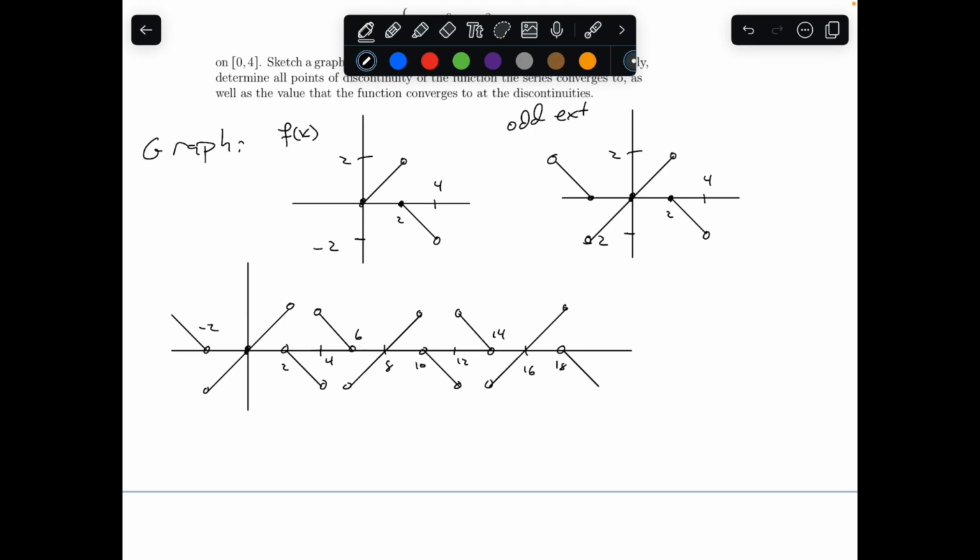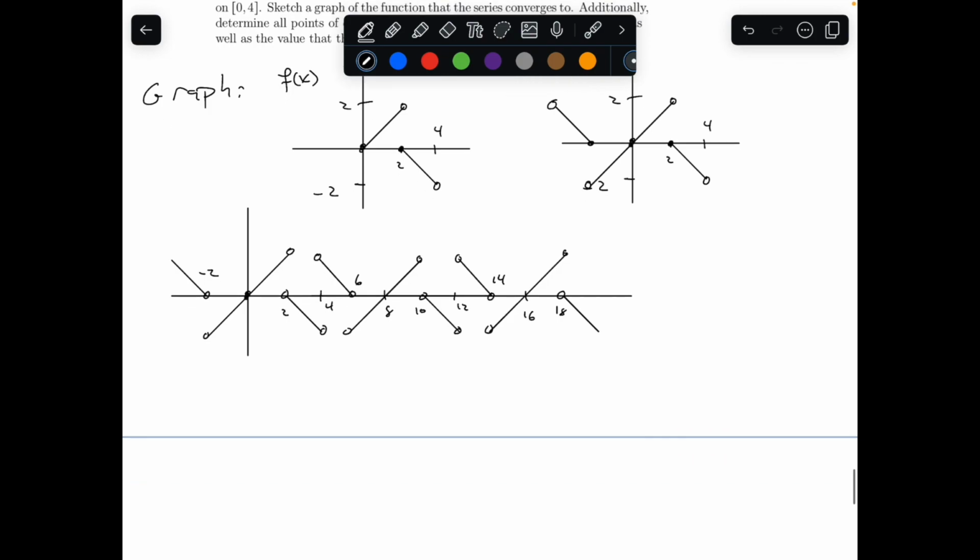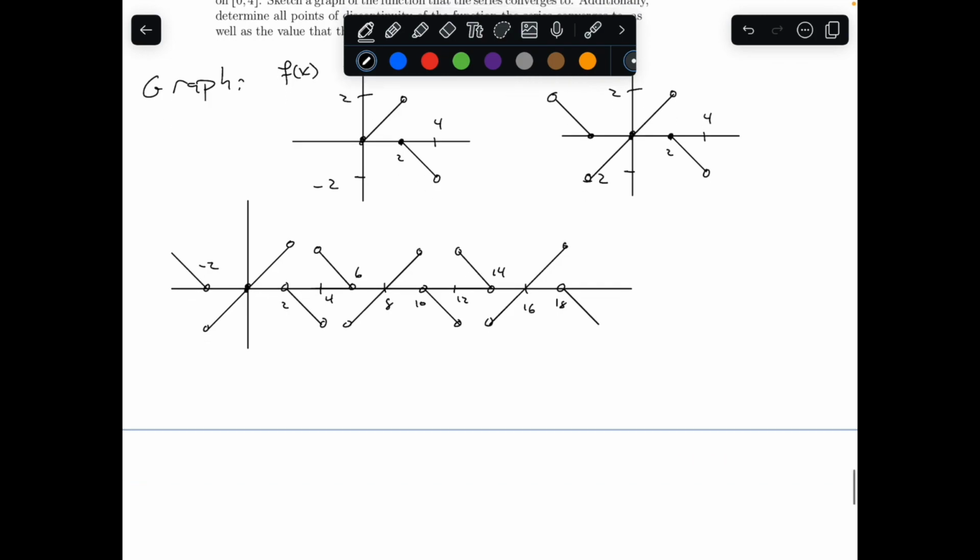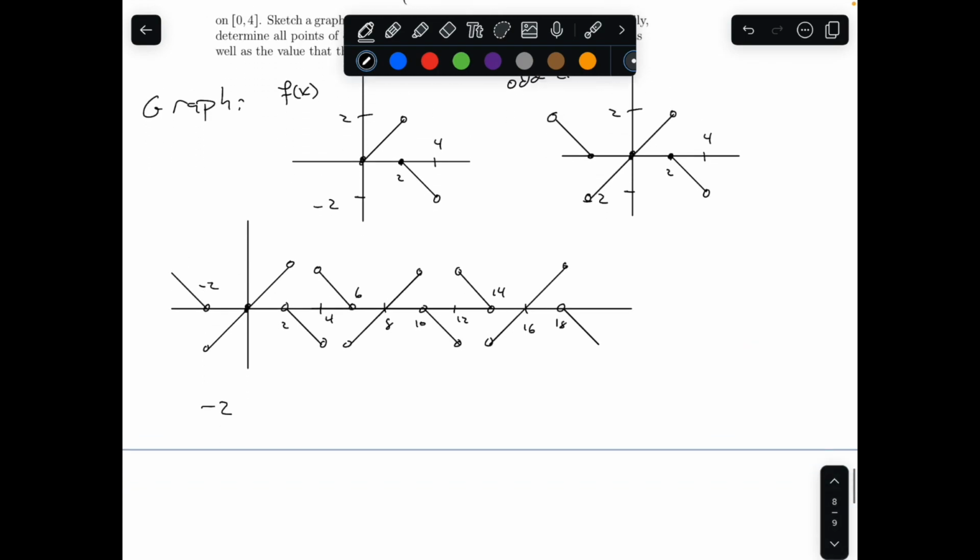And so we're going to get our discontinuity points in our original interval, -4 to 4, and then take those discontinuity points and just add multiples of the period. Our discontinuities happen at -2, at +2, and also at 4.